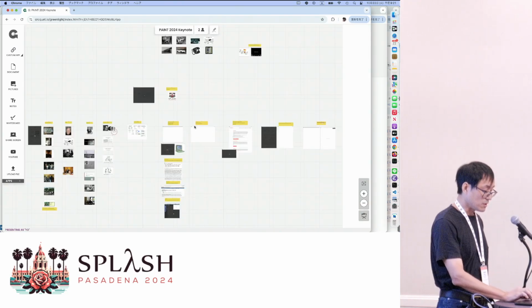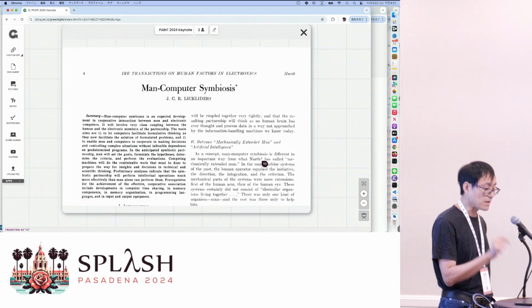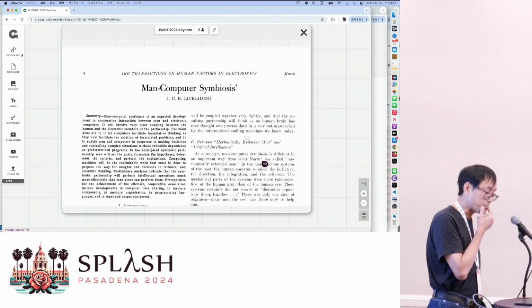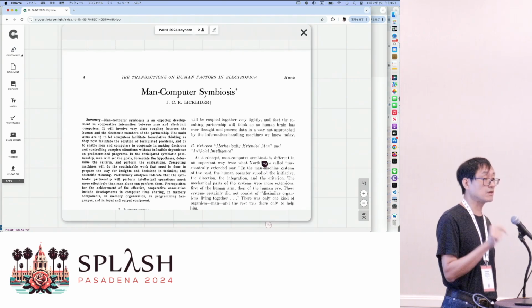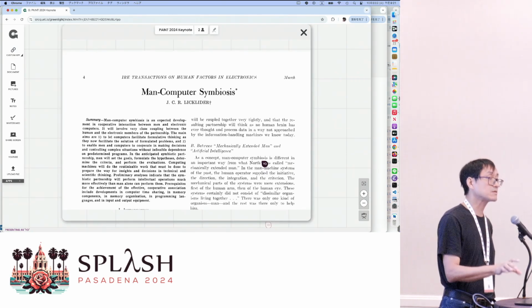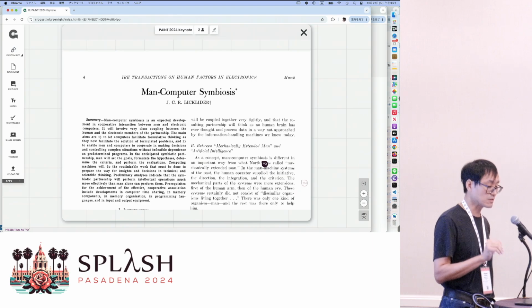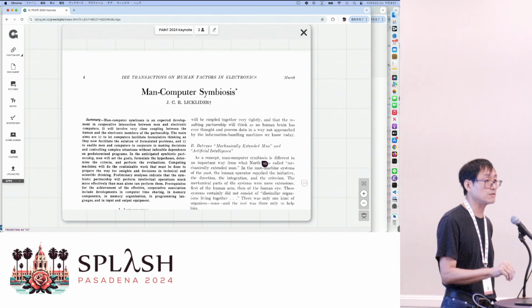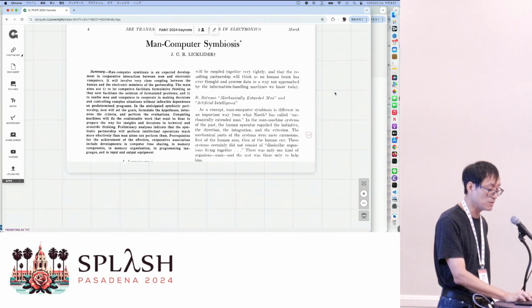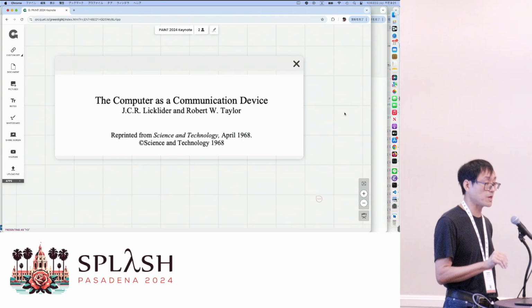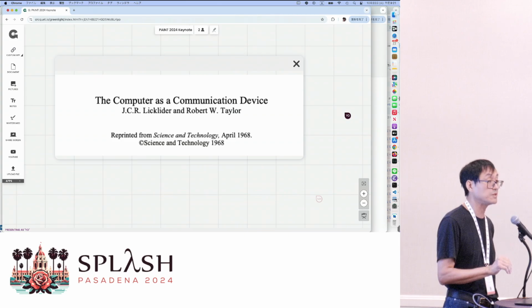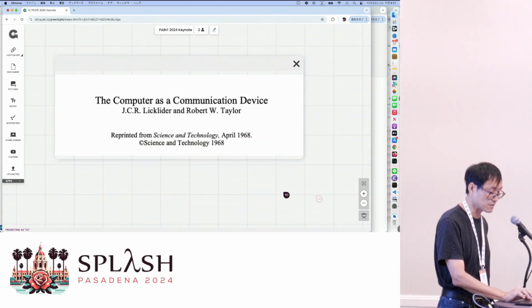In 1960, Licklider wrote the paper Man-Computer Symbiosis, talking about the future relationship between human and computer. So he was one of the early thinkers of this domain. Later, Licklider and Taylor published a paper titled The Computer as a Communication Device, in 1968.